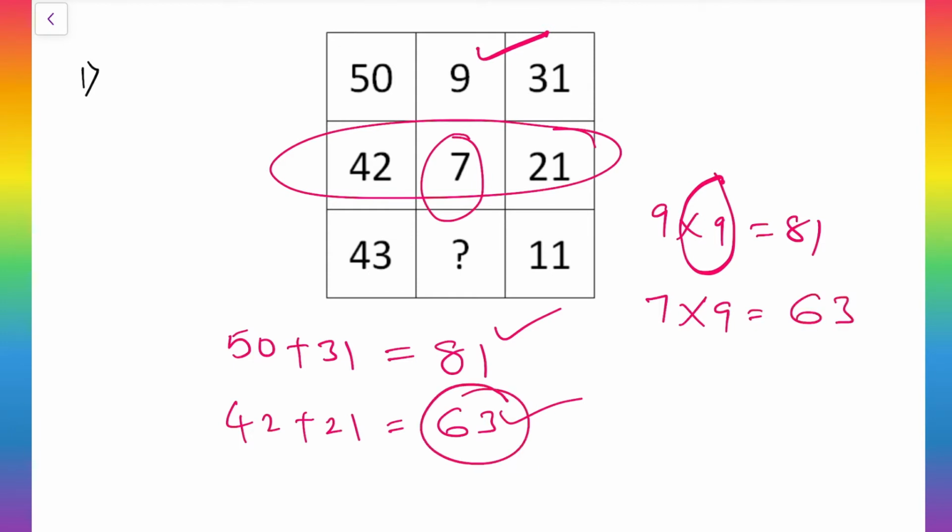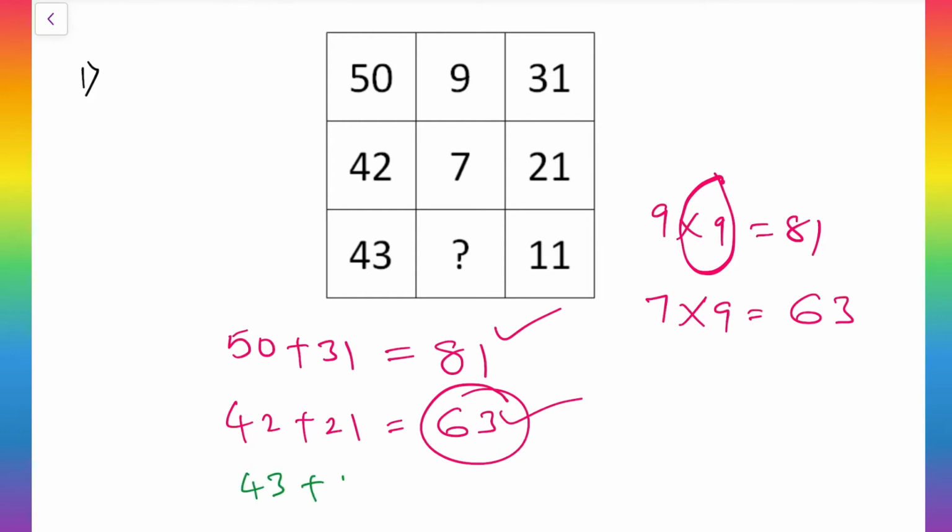The logic is: first number plus second number, whatever answer we get, that answer is 9 times the middle number. Now the same logic we will apply to the third row also. Here in the third row we have 43 plus 11.